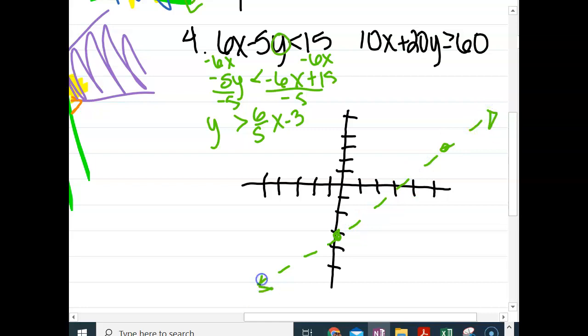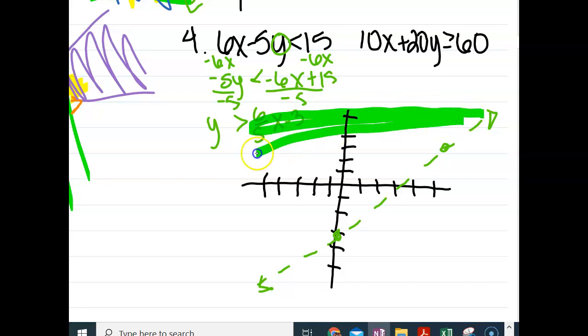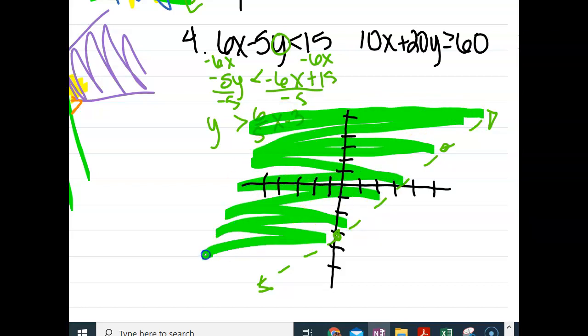Big long line there. And if it's a greater than, shade above or below the line? We have to look at this one. It's a greater than? Above. Yep. You have to shade using the inequality of the one you're graphing.